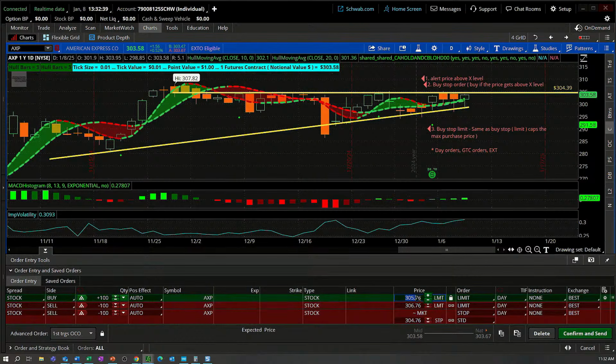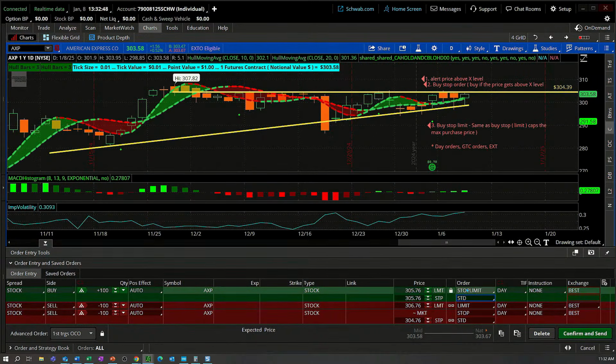Here's the price, limit, and I'm going to go back to what we just said, a stop limit, okay? So we're buying American Express if the stock goes at or above, let's say, example given, 305, okay? That's the trigger. If we go above 305, trigger an entry to get in.